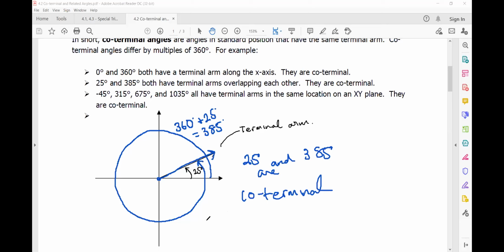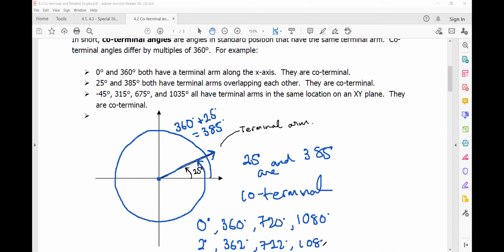Just an example, 0 degrees, 360 degrees, 720 degrees, and the infamous snowboarding 1080 degrees, they are all coterminal. And just for fun, if I have 2 degrees, 362 degrees, 722 degrees, and 1082 degrees, they are all going to be coterminal because they have a difference of 360.